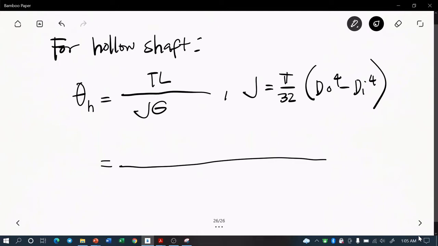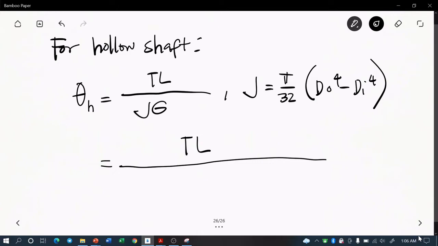Okay, so we can directly substitute those values. But first, for an easier to understand simplified equation, we're going to first substitute this expression in the equation for torsional deflection.